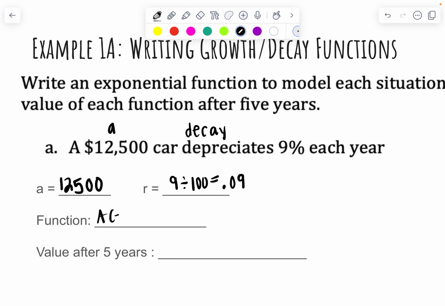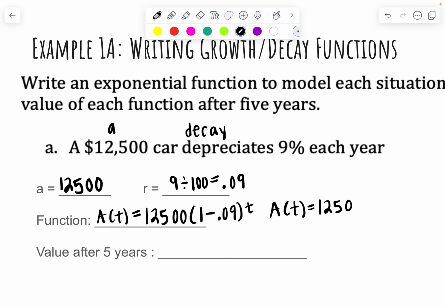Our equation, a of t equals our starting value. Since this is decaying, we're going to subtract: 1 minus 0.09 to the t. And then if we simplify that, we get a of t equals 12,500 times 0.91 to the power of t.